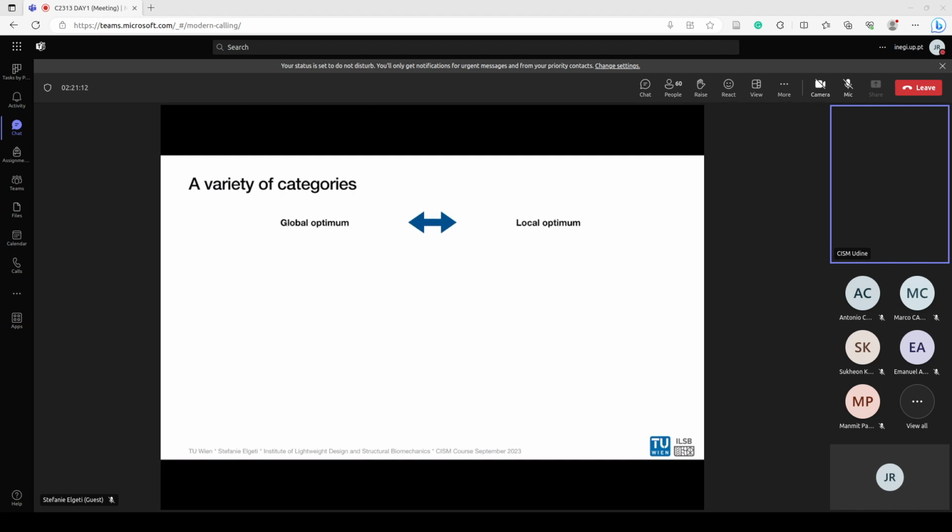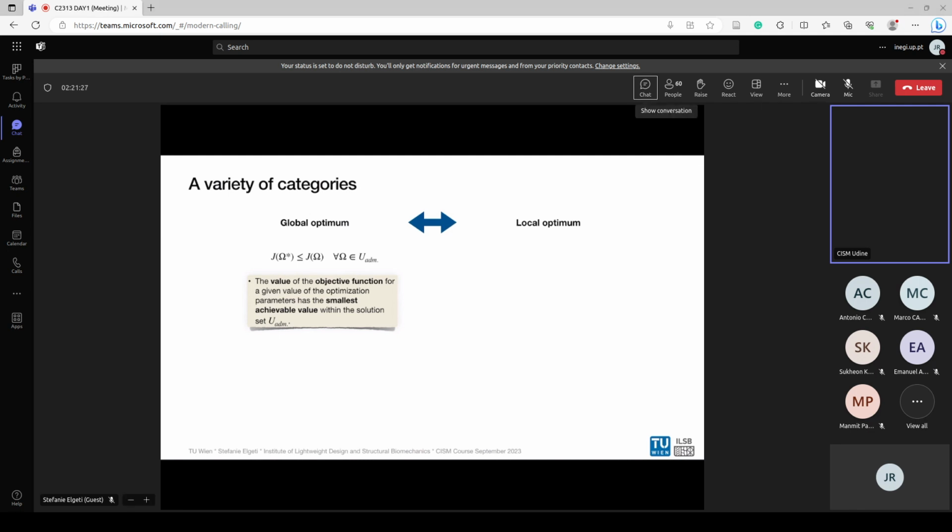Then we can try to seek a global optimum or a local optimum. So for a global optimum, the value of the objective function for a given value of the optimization parameters has the smallest achievable value within the solution set, U admissible.